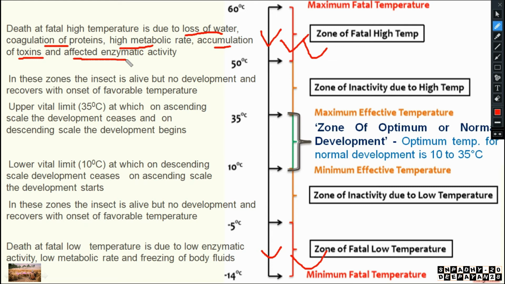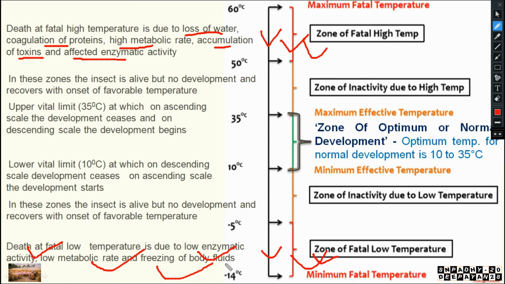This is the cause of death of insect in the zone of fatal high temperature. Understood? Now coming to the next zone, the zone of fatal low temperature. Here the insect will also die, but due to low enzymatic activity, low metabolic rate, and freezing of body fluids. This is your zone of fatal low temperature.